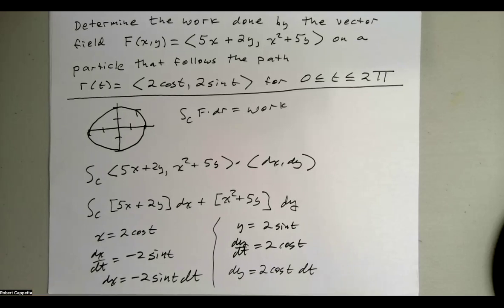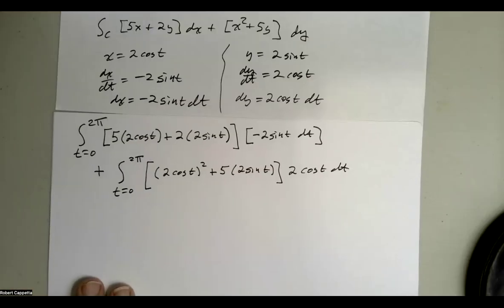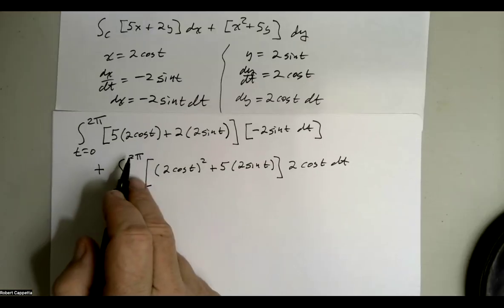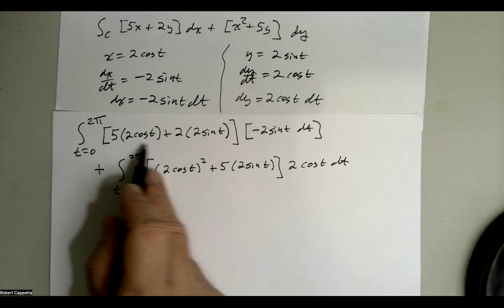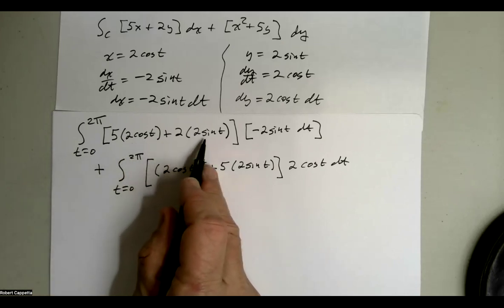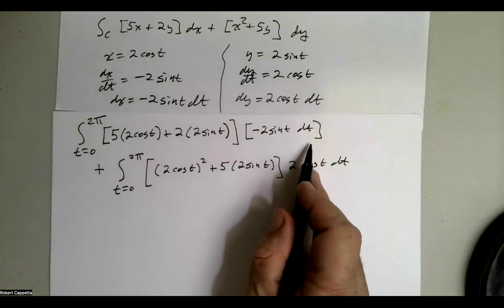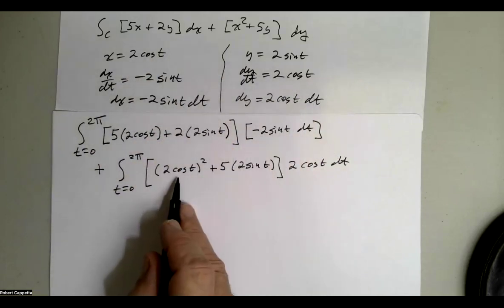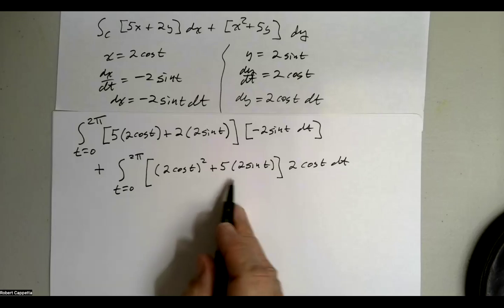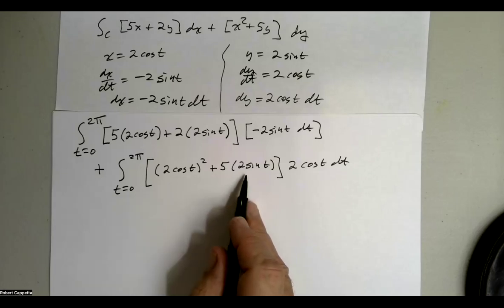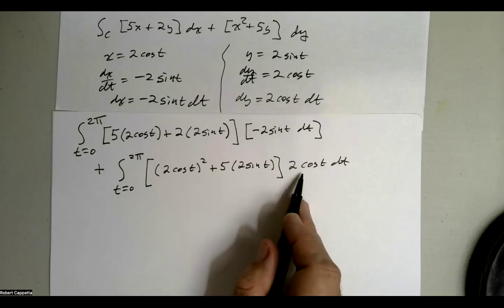So let's make all of our substitutions. We see what this form is trying to be. Let's go ahead and rewrite this in terms of integrals in t. So there's my substitutions. 5x becomes 5 times 2 cos t, plus 2y becomes 2 times 2 sin t, and dx becomes negative 2 sin t dt. x squared becomes (2 cos t) squared, plus 5y, which is 5 times 2 sin t, and dy is 2 cos t dt.